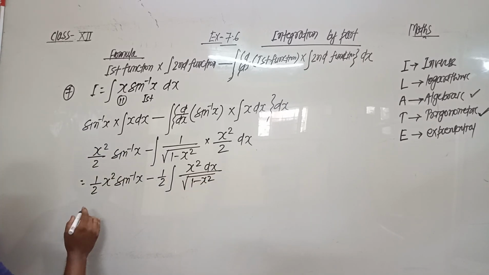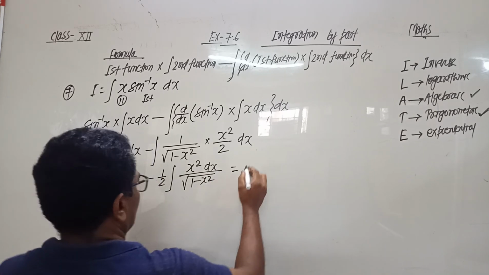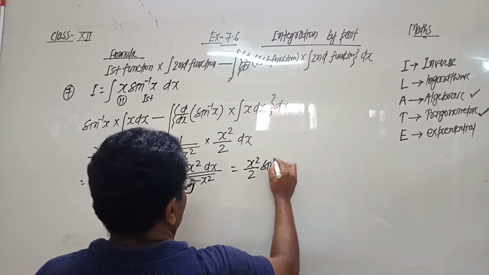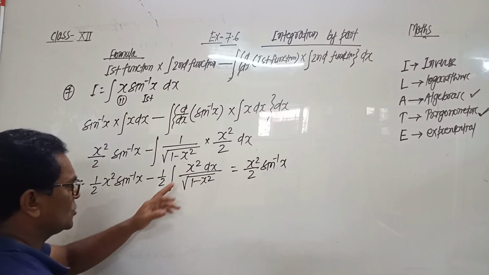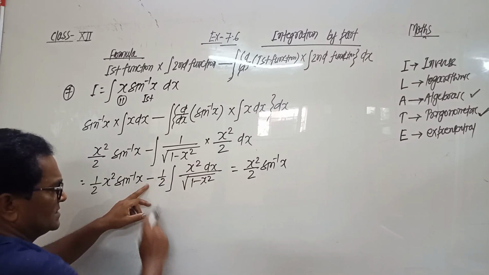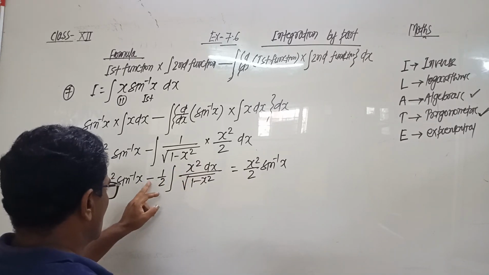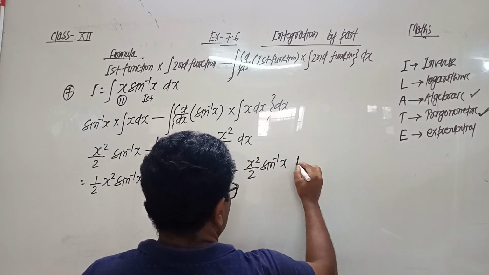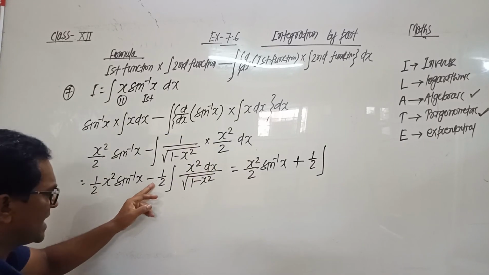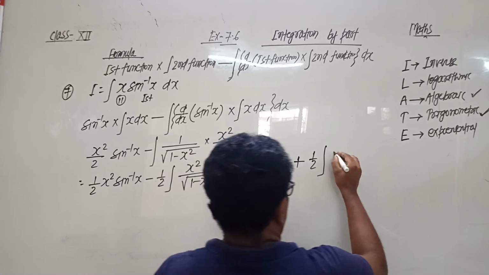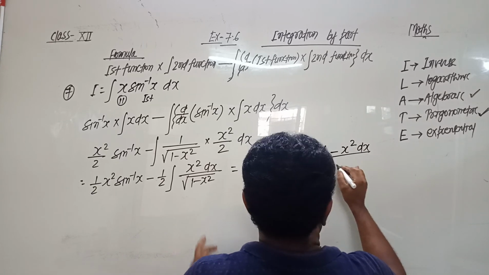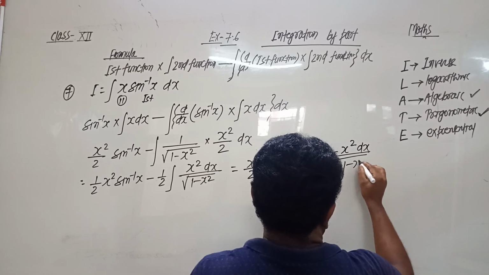Now what will we do? This would be written as x square by 2 sine inverse x. Here we put a minus sign, or we can write plus 1 by 2 integration, and this minus should be written here, minus x square dx upon root over 1 minus x square.